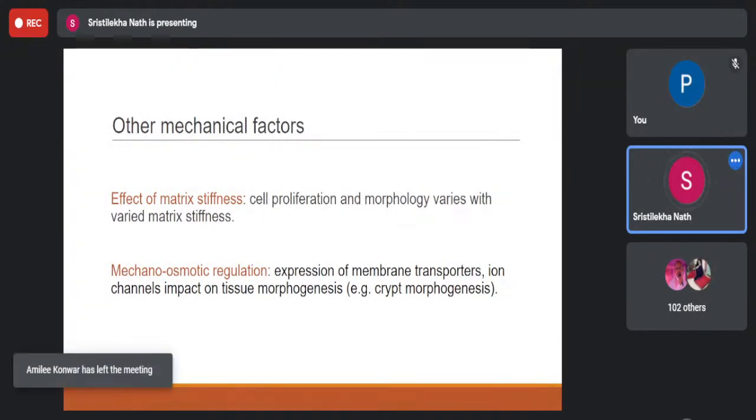It depends from tissue to tissue, and it has been observed that cell proliferation and morphology vary with matrix stiffness. And there is another phenomenon called mechano-osmotic regulation. It is very recent research that shows that intestinal crypt morphogenesis is triggered by the expression of some membrane transporters responsible for reducing the lumen volume in those crypt organoids, which leads to the morphogenetic events in the crypts.